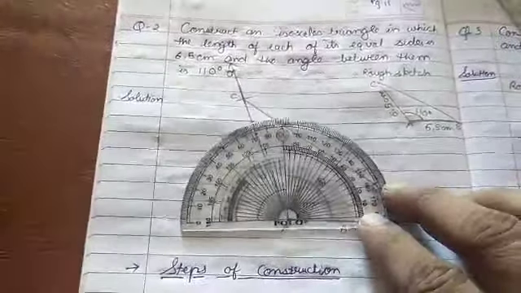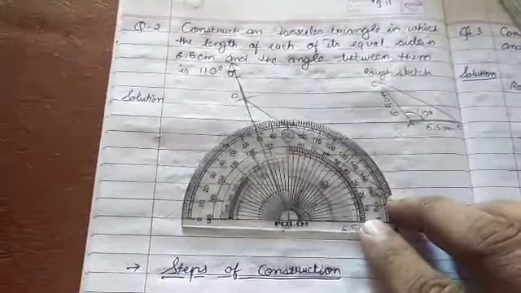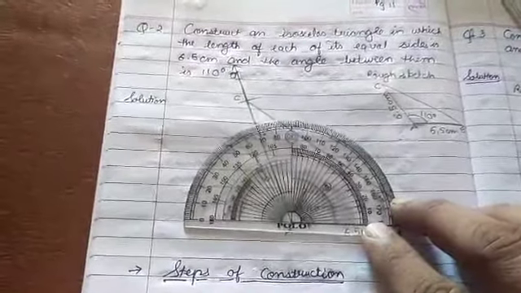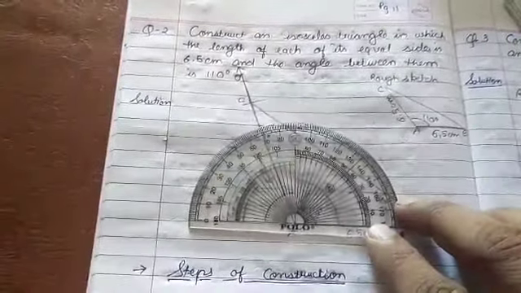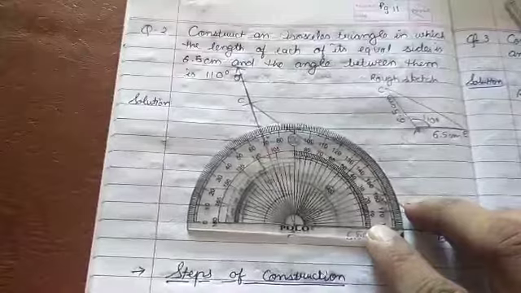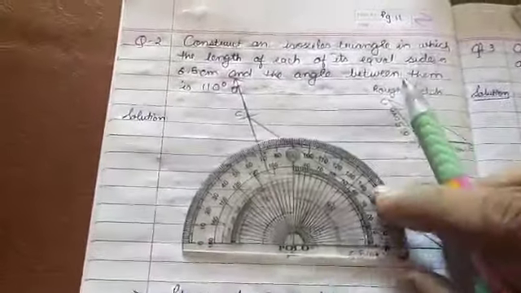In higher class it will come how to construct 110 degrees with the help of a compass, but here in lower class you have to take 110 with the protractor.